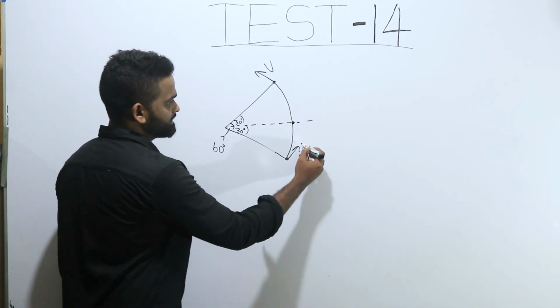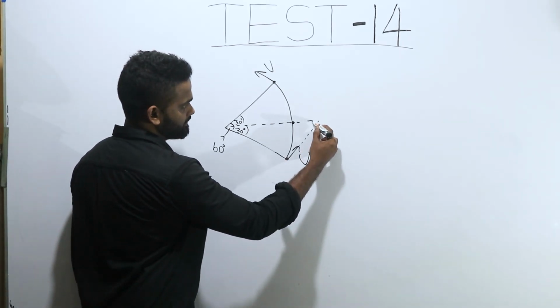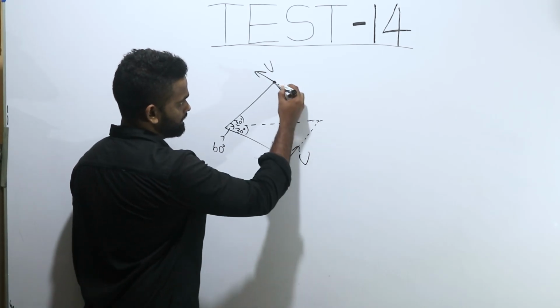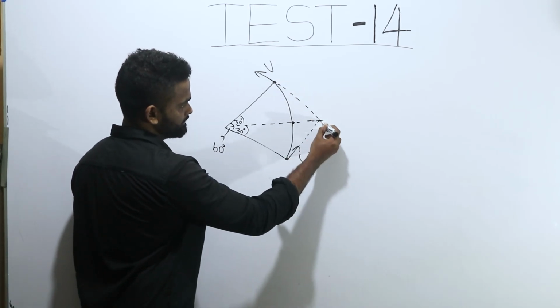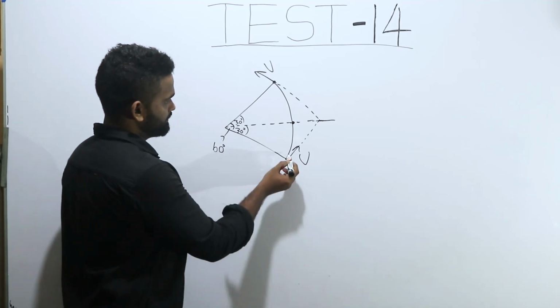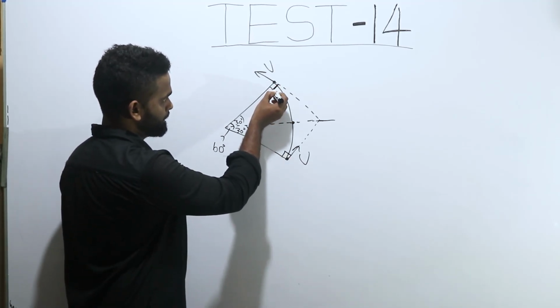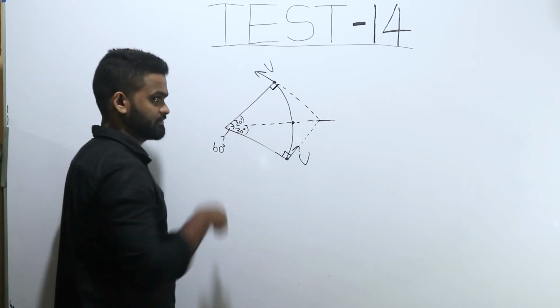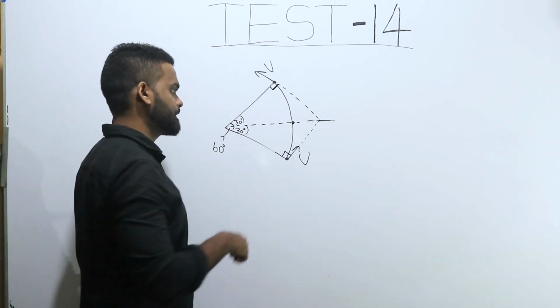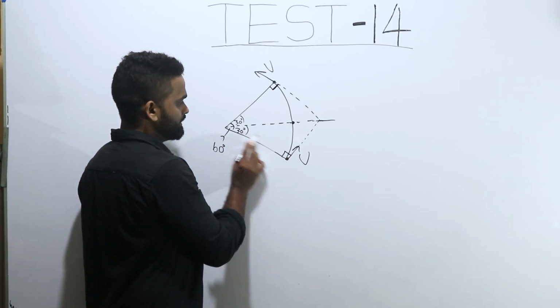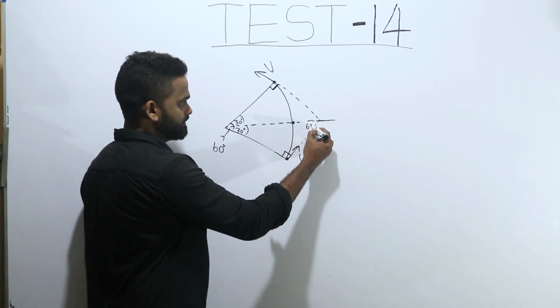Okay, just extend this velocity like this. So this is 90 degrees, this is 90 degrees, since these are tangential velocities. 30, 90, then this should be 60 degrees.